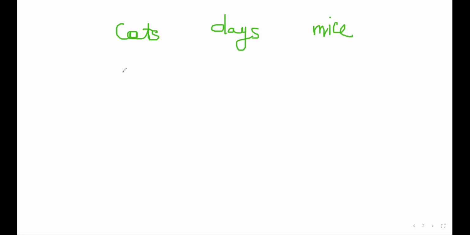Okay, so let's write what we have on the board. 5 cats spent 2 days to catch 6 mice. And then comes the question: how many days? So let's suppose X days will it take 3 cats to catch 9 mice?